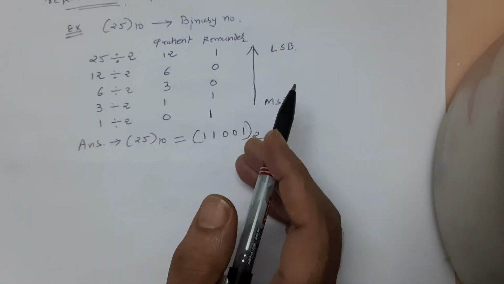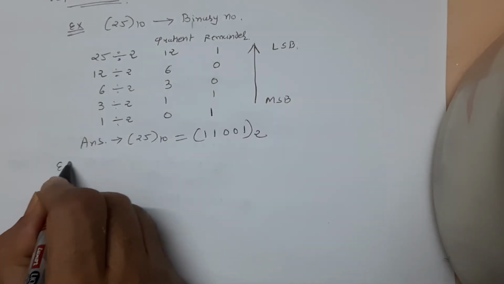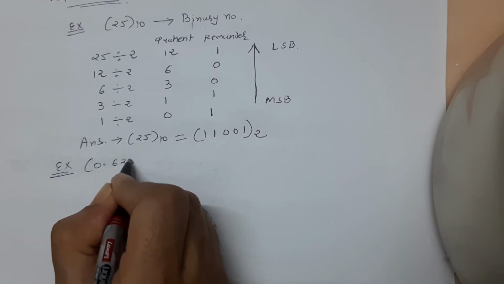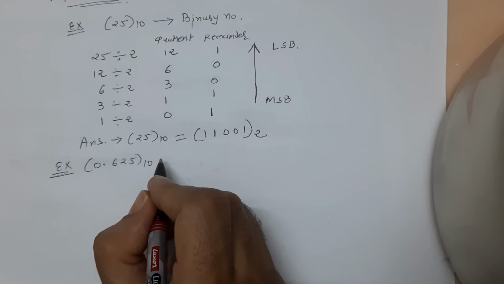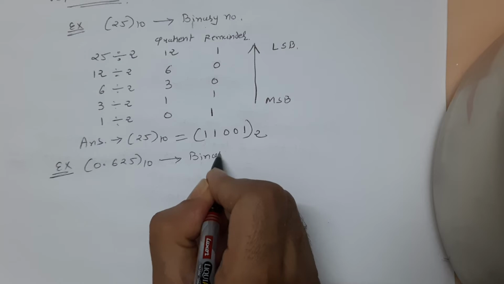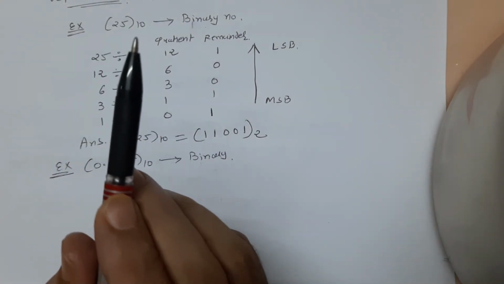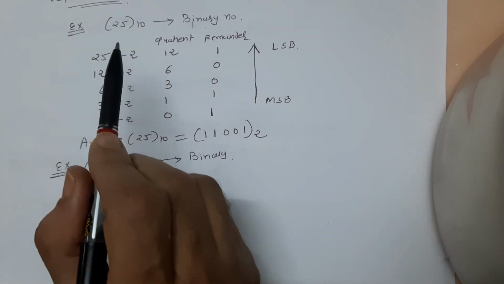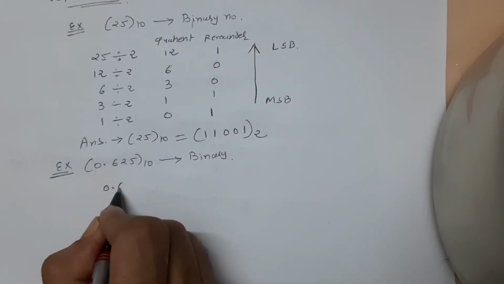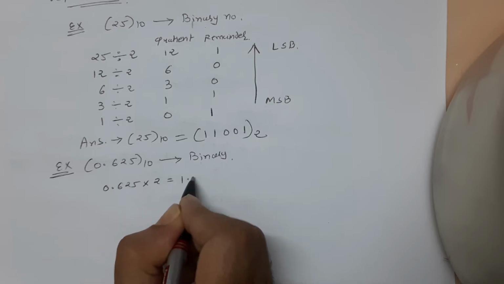Now, if there is a fraction, then to convert the fractional number 0.625 decimal into binary, instead of division, we use multiplication. So 0.625 into 2 is equal to 1.25.